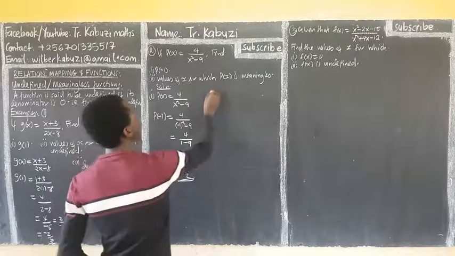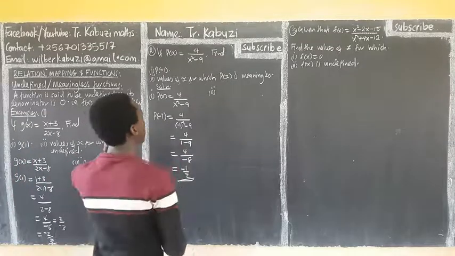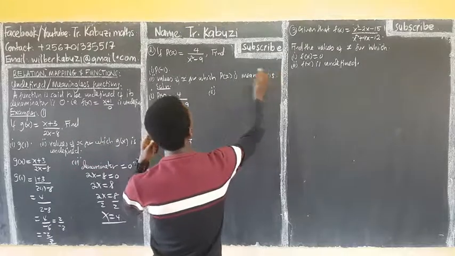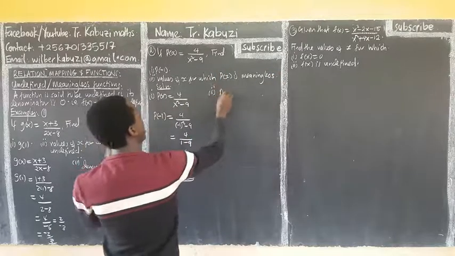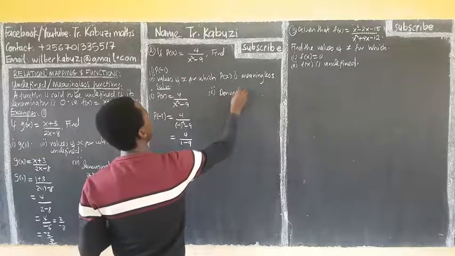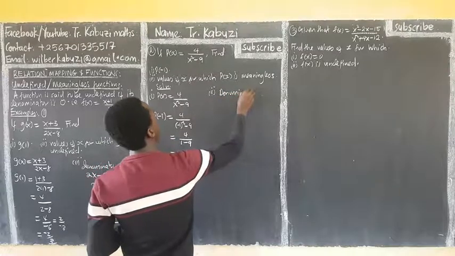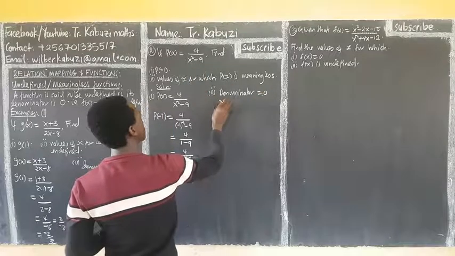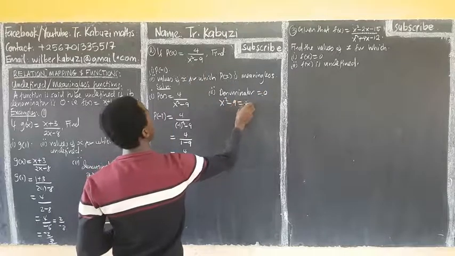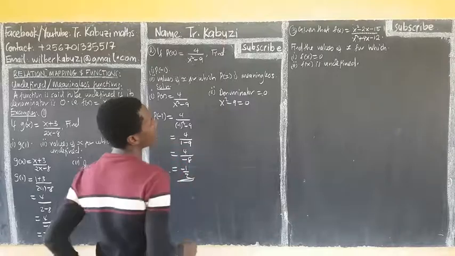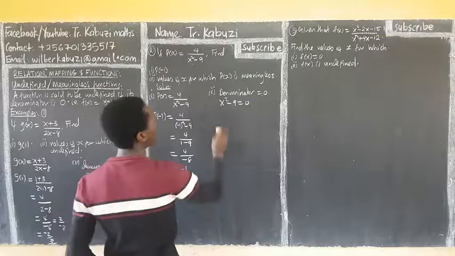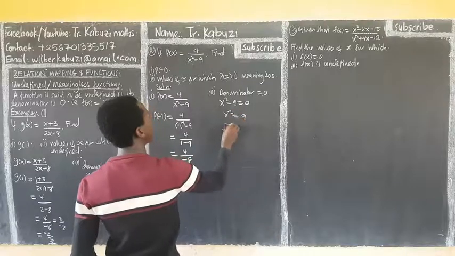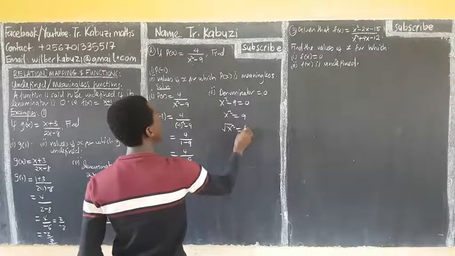Then the remaining one: find the values of x for which our function is undefined or meaningless. If it's meaningless, it means that the denominator is 0. So we equate this denominator to 0. We can use the difference of two squares, or we take the 9 to the other side, then take the square root of both sides.